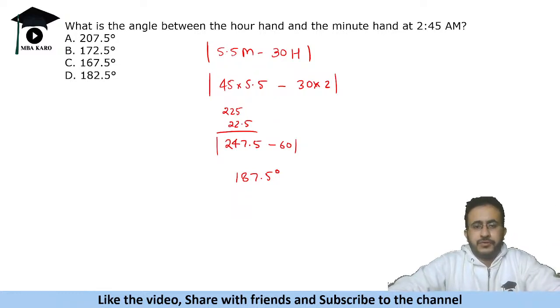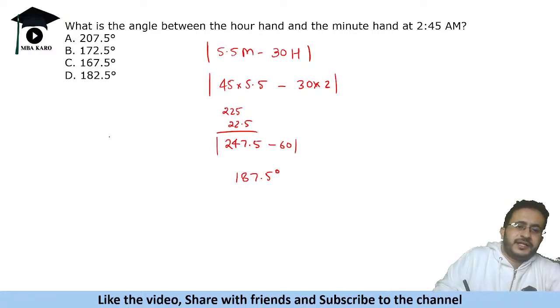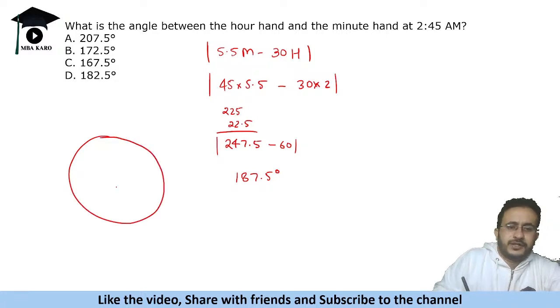Okay, now some of you might say that this is not in the options, the question is wrong. Okay, so let us understand this thing. If I have a circle, the complete angle is 360 degrees. So if I make this angle, let's say this is 130 degrees, so the opposite angle has to be 230 degrees, right?